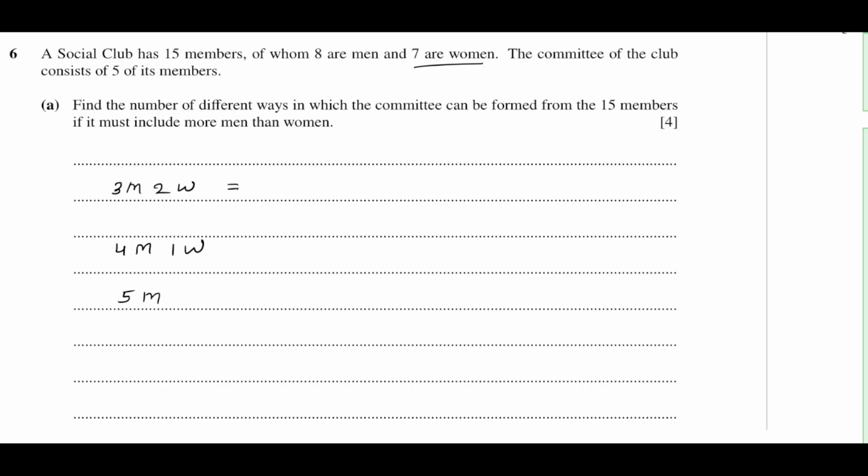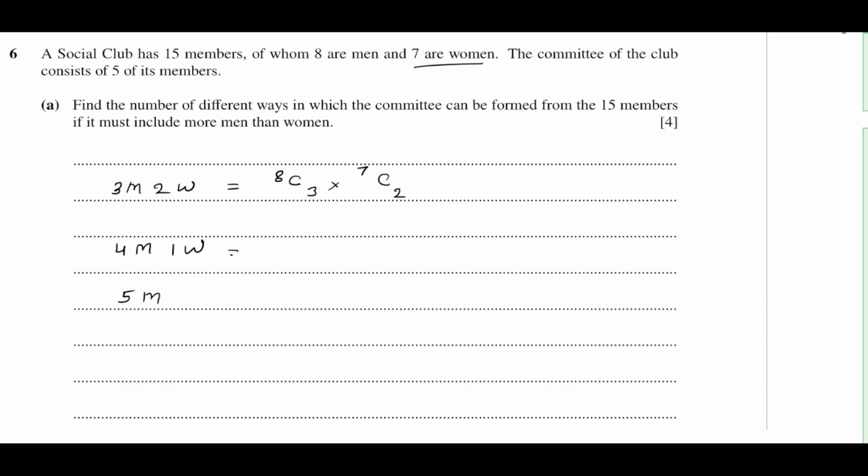Okay, now in how many different ways can the committee be formed when there are 3 men? So there are a total of 8 men. Out of 8 men, we will select 3 men, and out of 7 women, we will select 2 women.